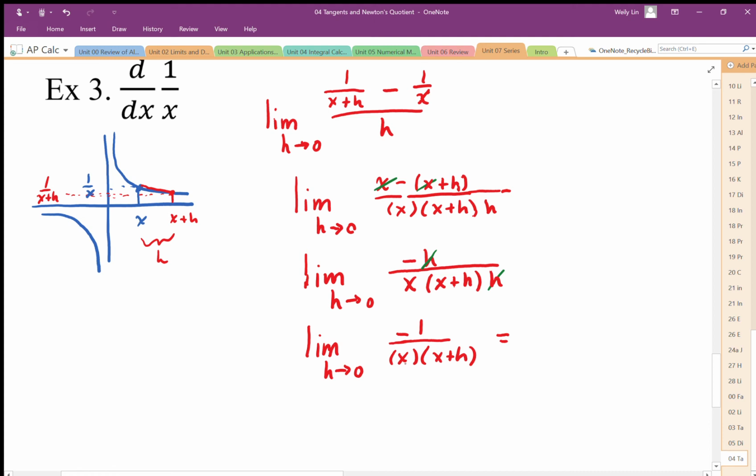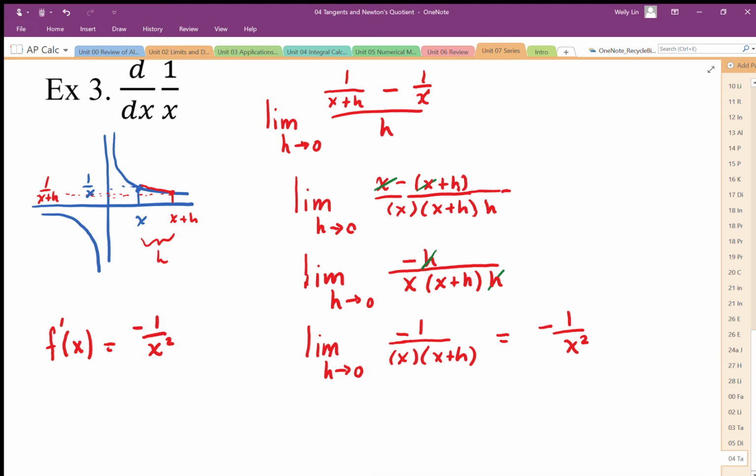I end up with x times x, which is negative 1 over x squared. So what I'm saying is that with this function, negative 1 over x squared, as I plug in x values, it will calculate slope values for that function.